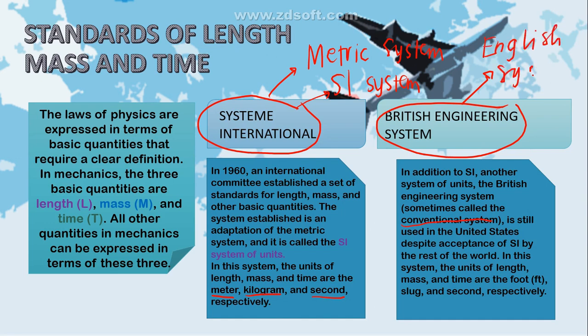The difference between the English and the metric system is that for the English system, the units for length, mass, and time are foot, slug, and second respectively. So they are different in the standard units for the basic quantities.